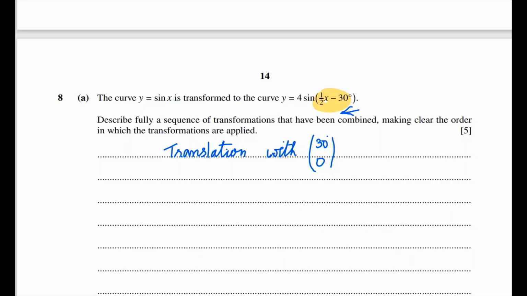And next is multiplied by x, that is the stretching one, stretching transformation.